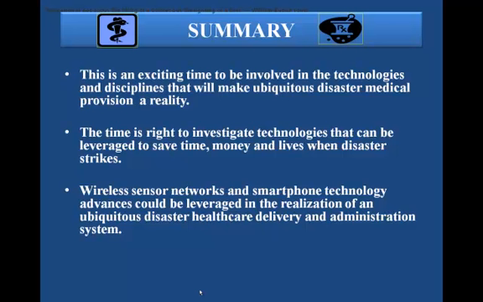The relentless advances in wireless network systems and smartphone technologies will be beneficial in the efficient and effective disaster medical delivery. It could also make the realization of a ubiquitous healthcare delivery a lot faster than what most scientists expect.